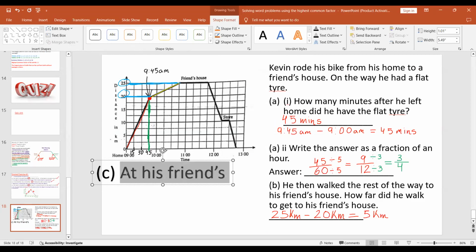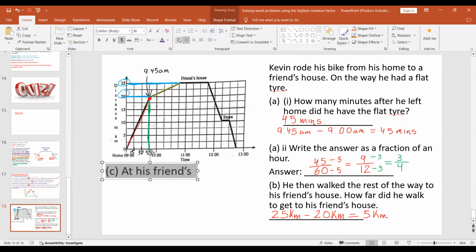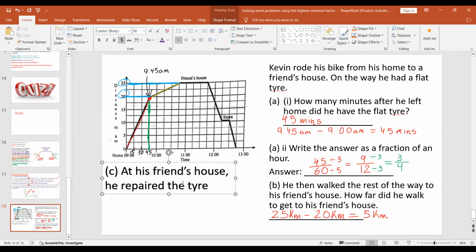At his friend's house, he repaired the tire, played video games, then left.